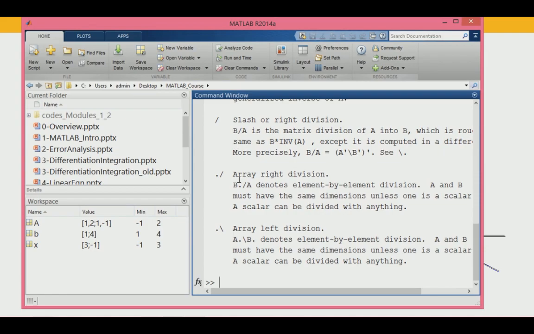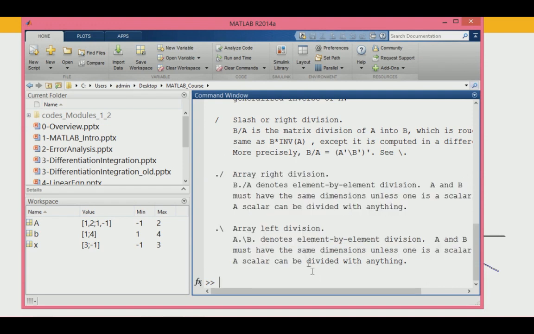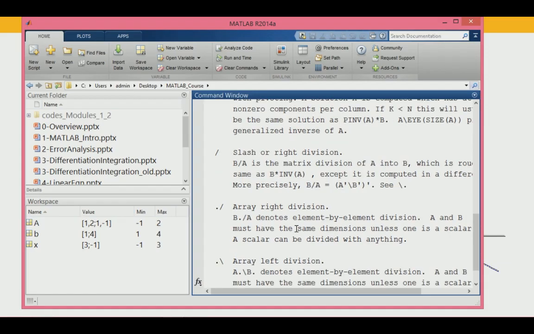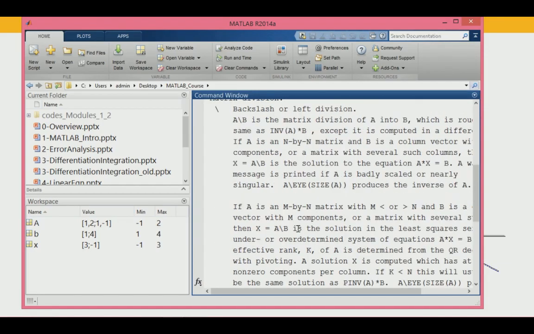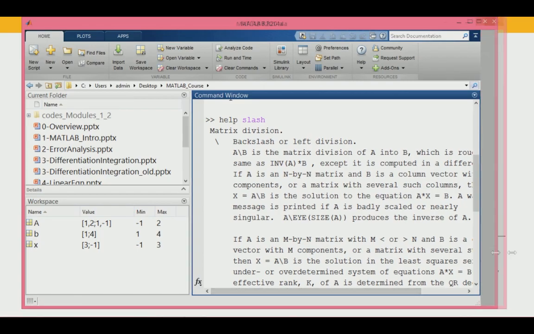If you recall what we did in the first module, we had looked at element by element division and element by element operations, and this is what the latter part of this help slash showed us. But what we are more interested in is what the left division and right division actually mean.